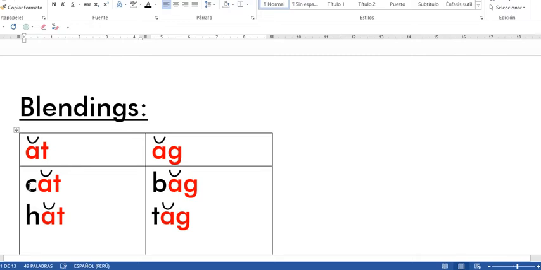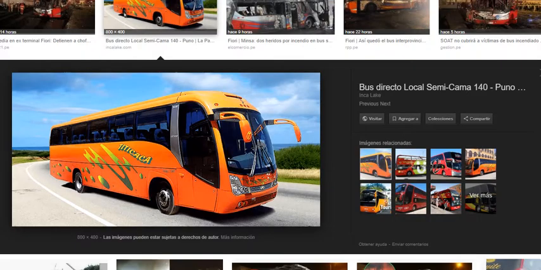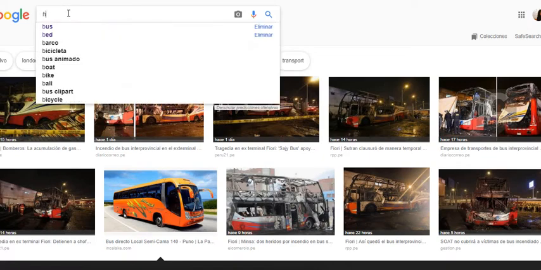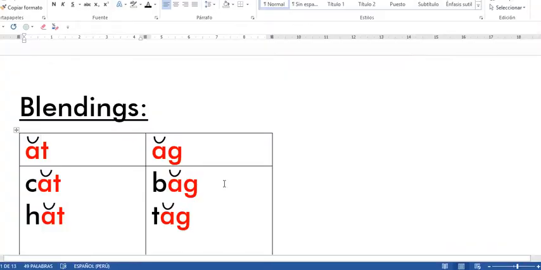It is at, cat, with the sound hat, and you can see the picture in Google of a hat. Yes, that is a hat.